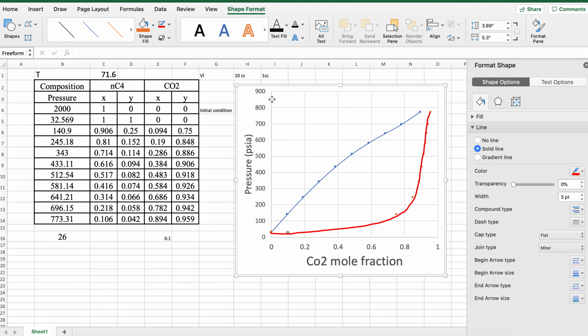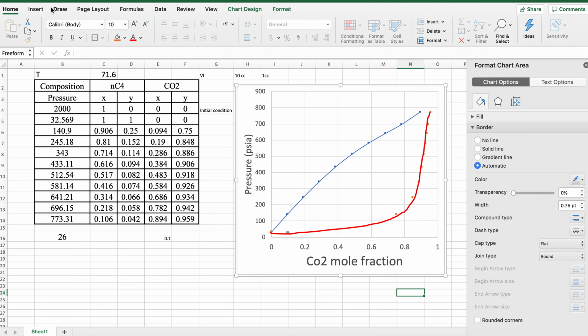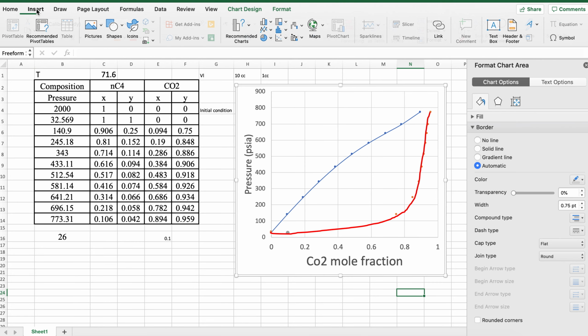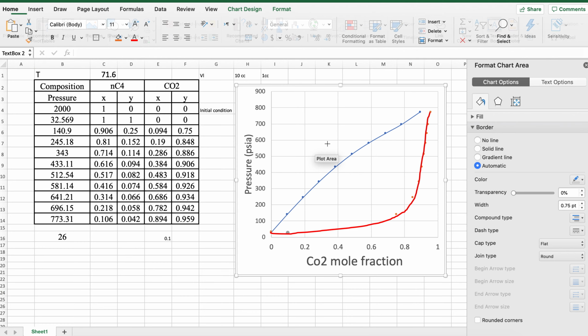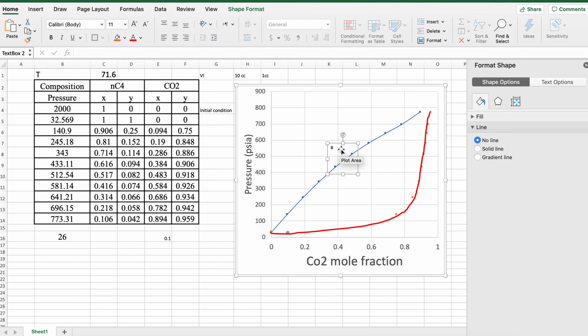So what you need to do, you need to mention what these are. So this is my bubble point line. This is the BP line. This is my dew point line.